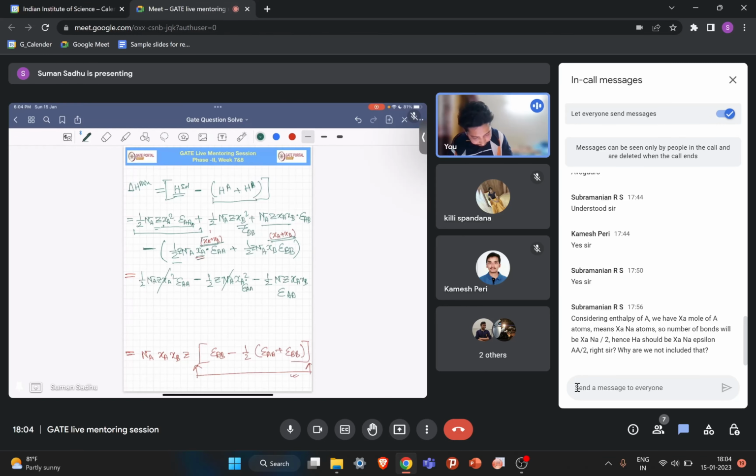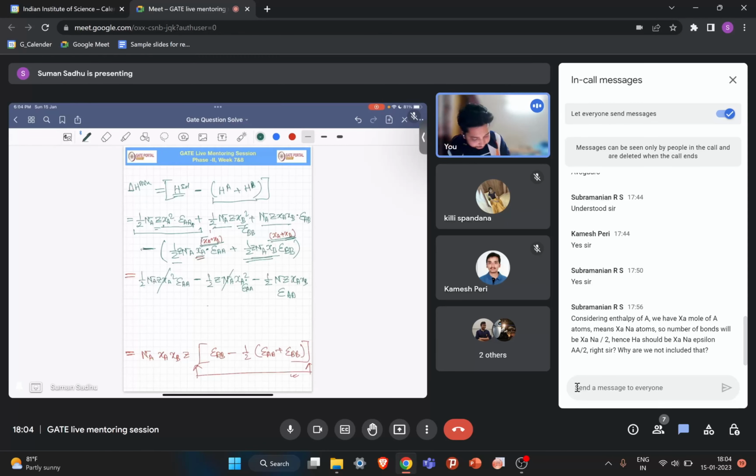Similarly for this, the XB square term and minus is there. When you multiply XB with XB, it will become XB square, so this term will also get cancelled out.